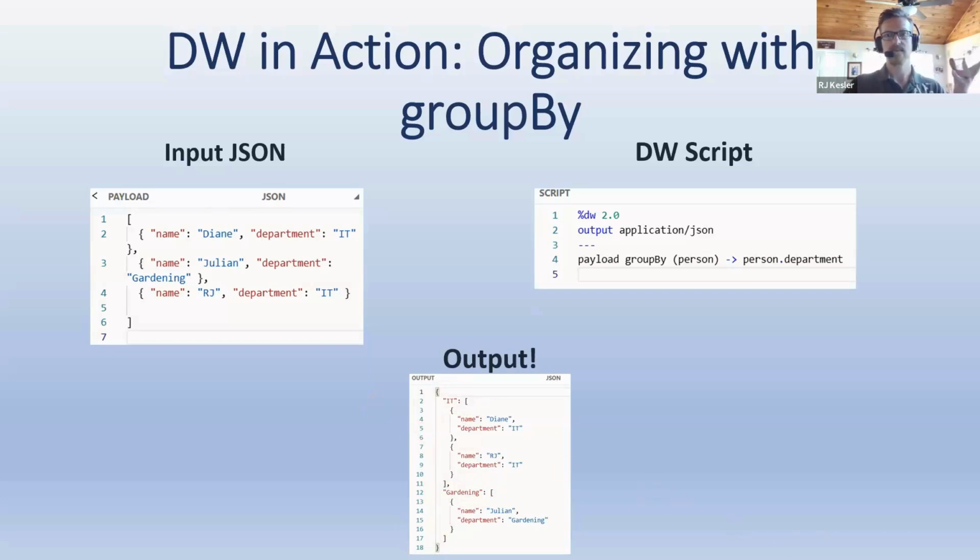Now you have this key with an array of items underneath it. You wound up getting an output of an object here as well, because we see our curly braces. Now payroll has a better organized employees list that they can handle on that crazy workforce where you have IT and gardeners all mixed up.